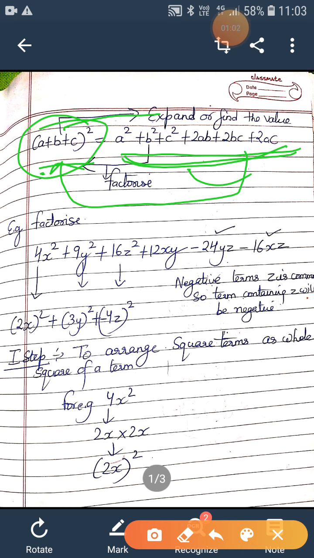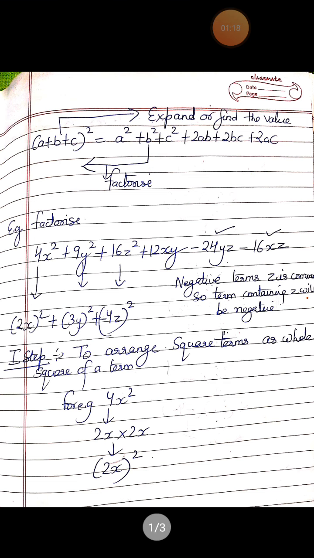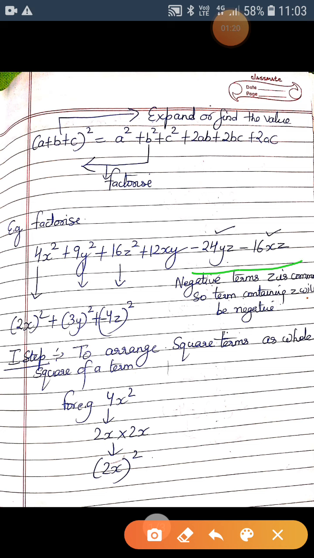So let us see with the help of an example. We have to factorize this expression that contains 6 terms here: 4x square, 9y square, 16z square, 12xy, minus 24yz, minus 16xz.